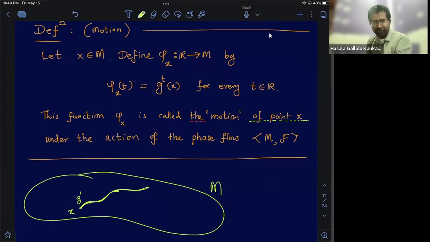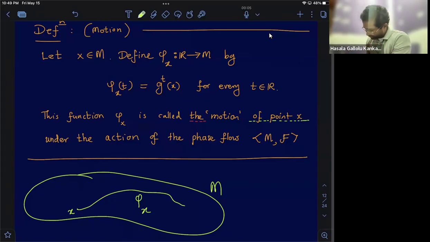this function really well. When you indicate this function phi x on this domain, what you're going to get is not what's going to happen for each and every value of t. What you're going to get is something like phi x is there, and through that there is some kind of a trajectory.